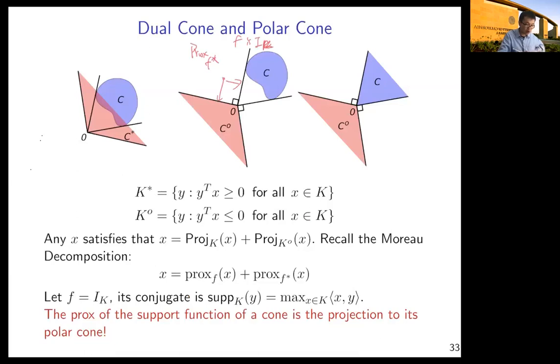So the polar cone and the dual cone are closely related to each other. The only difference is that they're directly opposite to each other. One wants y transpose x to be larger than 0, and the other wants y transpose x to be always smaller than 0.